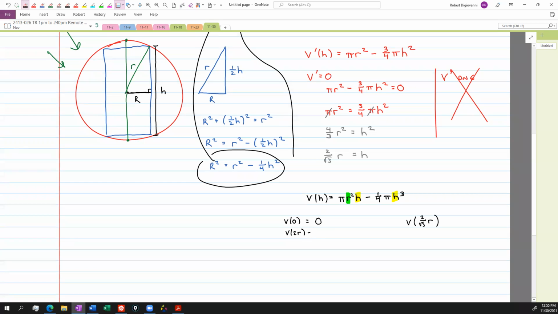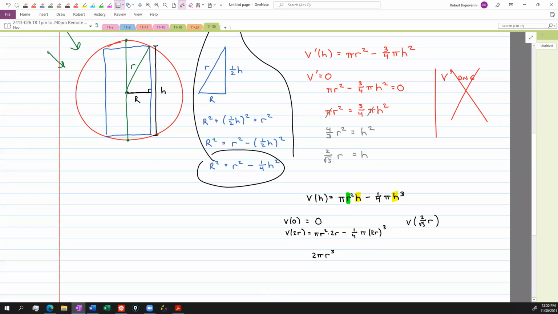If you plug 2r in for h, watch what happens. You get pi r squared times 2r minus 1/4 pi, and then I'm going to take 2r and I'm going to cube it. So I get 2 pi, that's just the 2 times the pi, and then the r squared times r is r cubed.